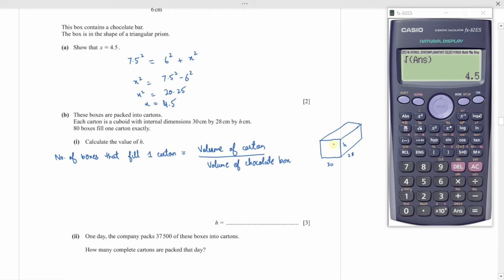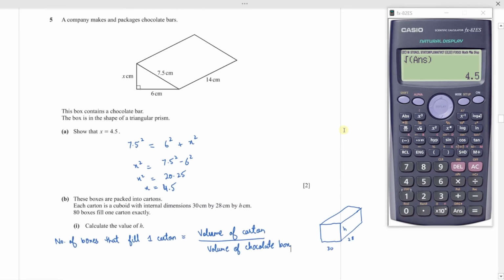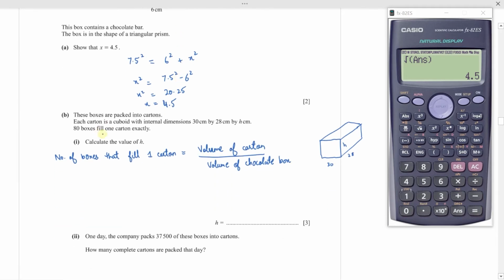So you're basically dividing the volume of this carton by the volume of this chocolate box to see how many of these chocolate boxes completely fill one carton. And we are given that 80 boxes fill one carton completely. So this number here is 80. Volume of carton will be, since it's a cuboid, length times width times height. So 30 multiplied by 28 multiplied by h divided by volume of chocolate box.